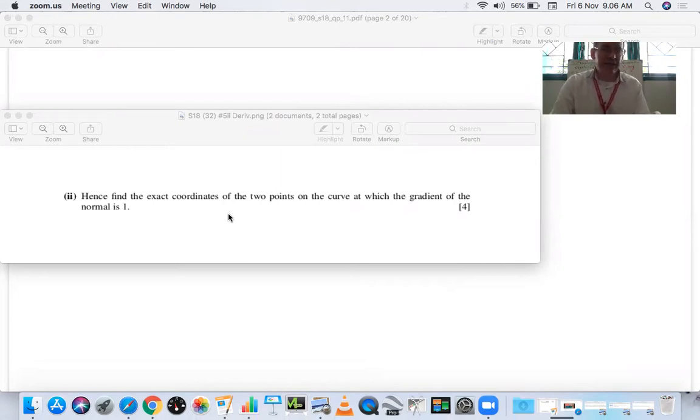So find the exact coordinates. So exact means, again, no decimals. Coordinates, plural, that means both the x and the y coordinate of the 2 points, so there's going to be 2 sets of coordinates from the curve at which the gradient of the normal is 1.